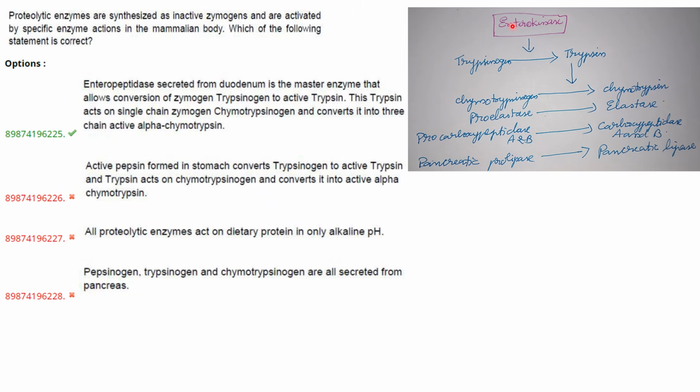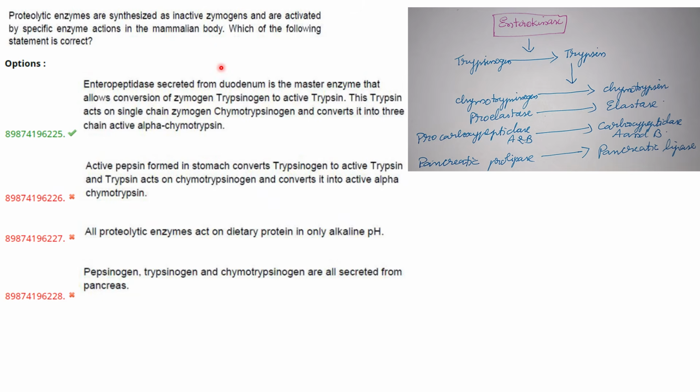So there is enterokinase, also called enteropeptidase, an enzyme that is produced by the duodenum, and its primary role is that it will convert trypsinogen to trypsin. And once trypsin gets activated, it will start converting chymotrypsinogen to chymotrypsin, and this chymotrypsin will be a 3-chain structure, that of alpha chymotrypsin.